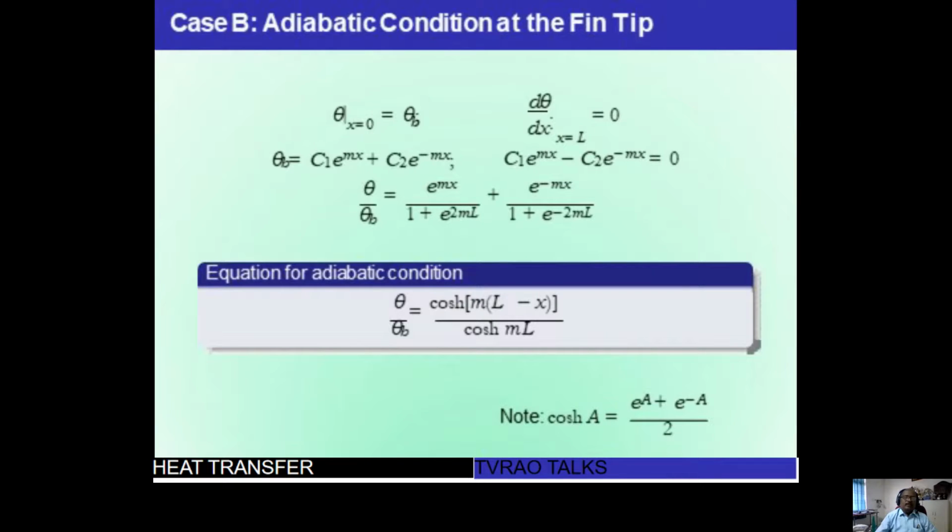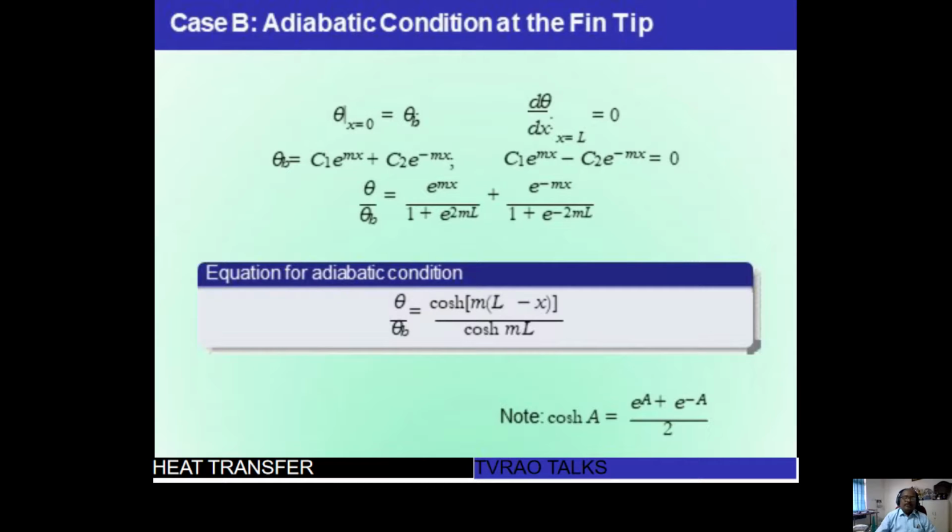The first boundary condition is at x equal to 0, the same theta, T minus T infinity, that is theta suffix b. When x equal to L, if it is insulated, there is no heat transfer, so the derivative of theta becomes 0, that is d theta by dx equal to 0.